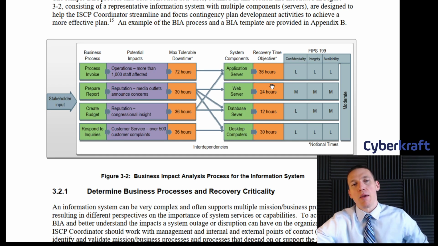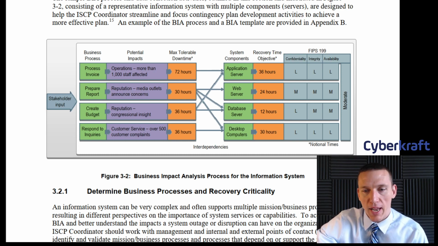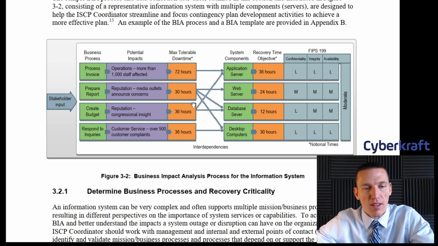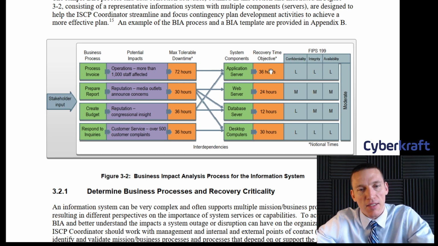But maybe that recovery point objective would be 1 day. But you're not going to find a backup usually greater than 1 day or less than 1 day. So in this example, all of these would probably have a recovery point objective of 1 day. And the recovery time objectives might be a little aggressive here, honestly.